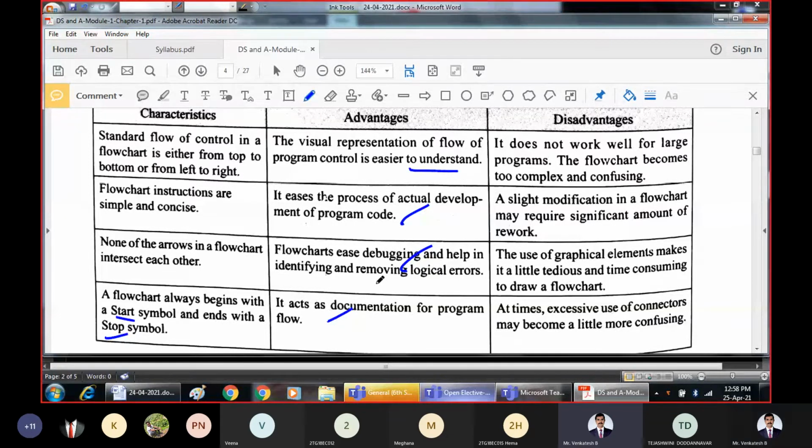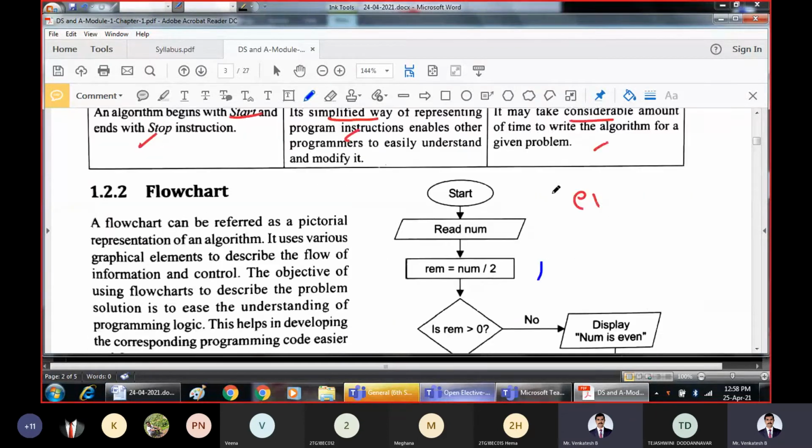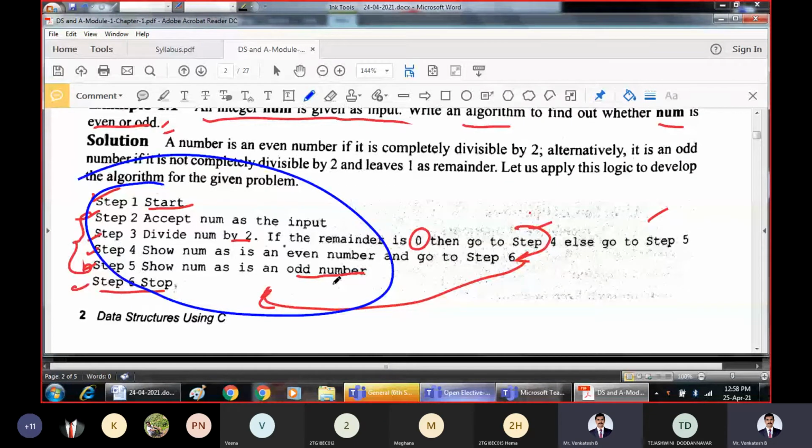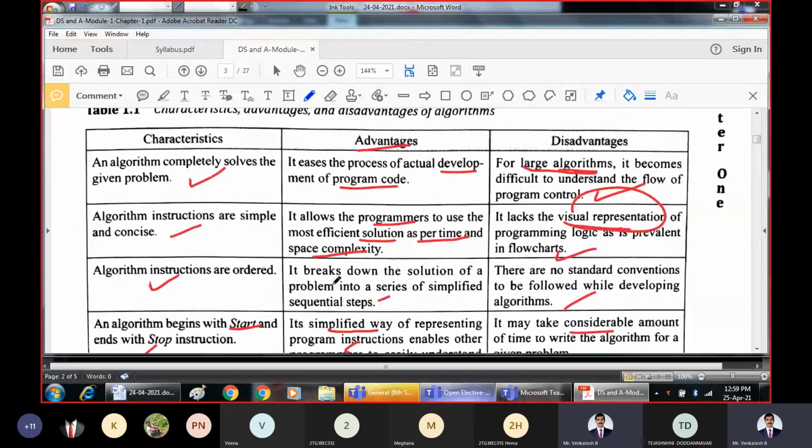The disadvantages: for large programs, it is very difficult to draw the flowchart because it will become very complex and confusing for a simple user to understand, for a large set of problems. See, for these only 5 statements, for the simple procedure of finding whether the given number is odd or even, this is the flowchart.